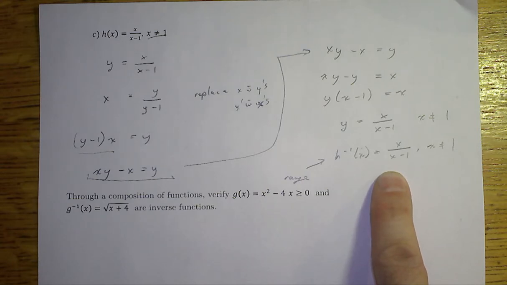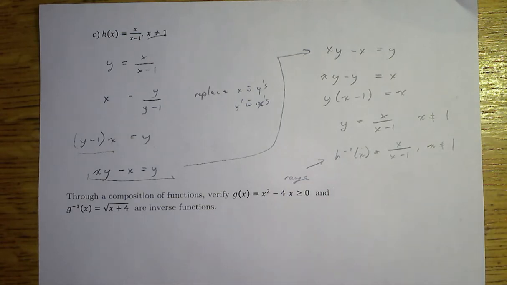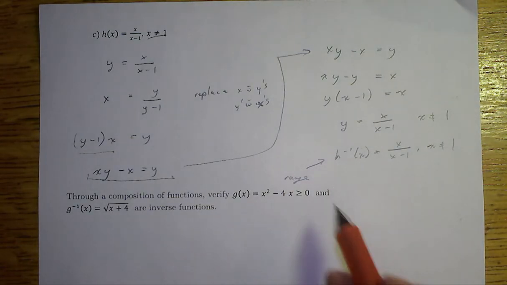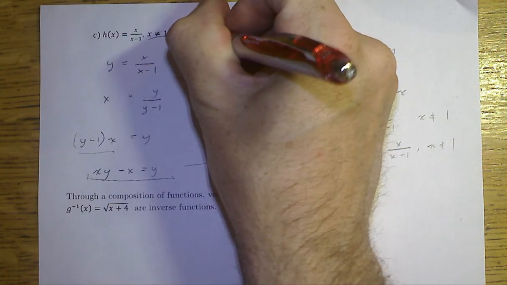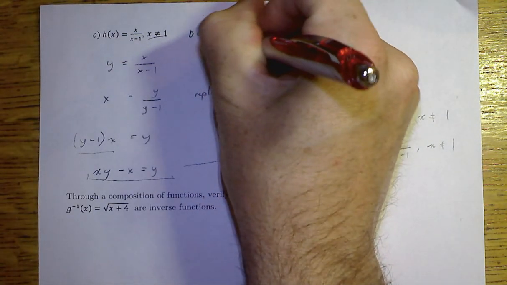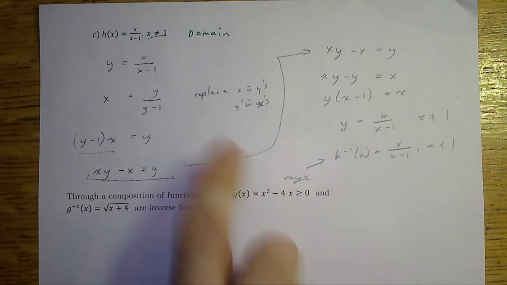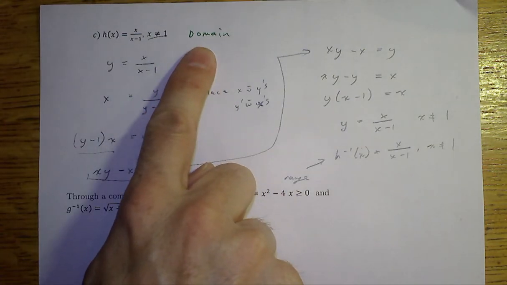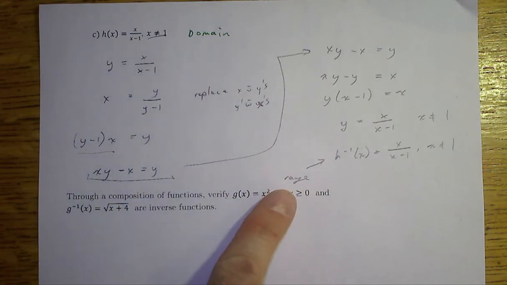So how can I know the range? Well, the range for the inverse function, if you work your way backwards, was the domain for this function. So if you know the domain of h of x, you know the range of the inverse.